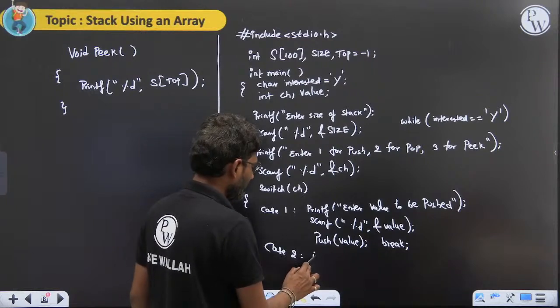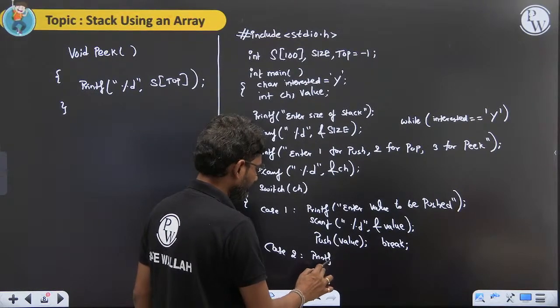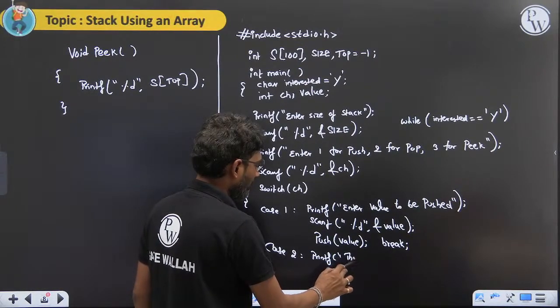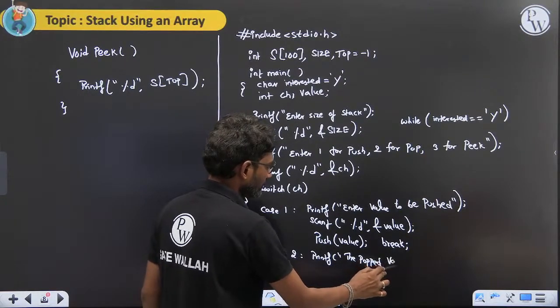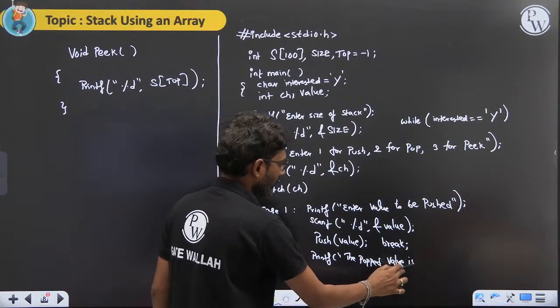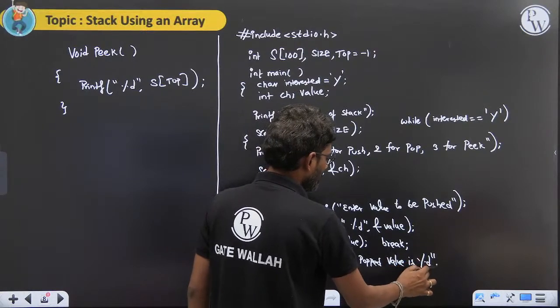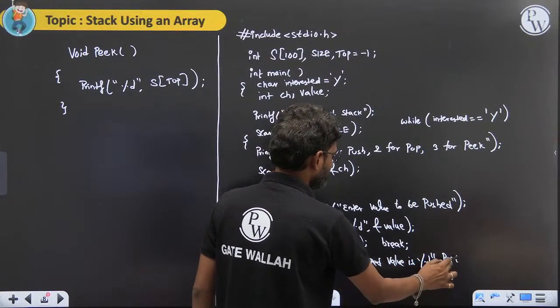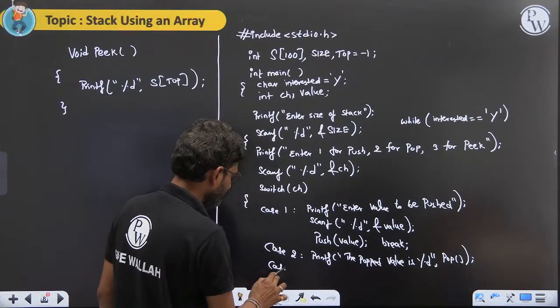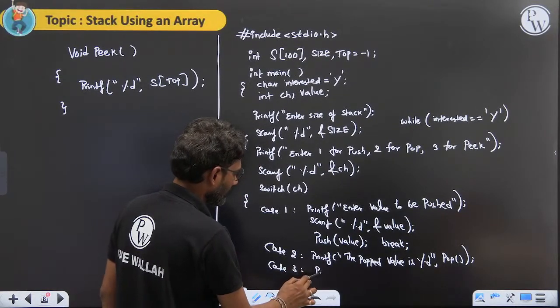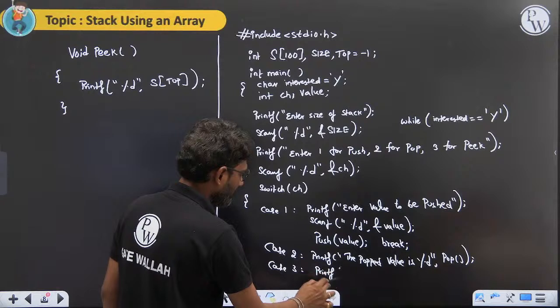So I can simply print the popped value is %d, pop, and case 3 is peek operation.